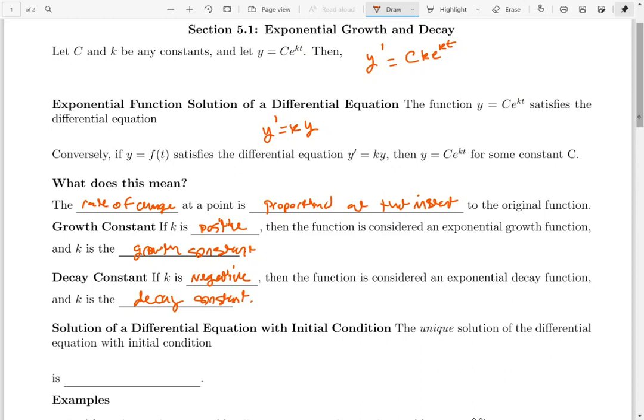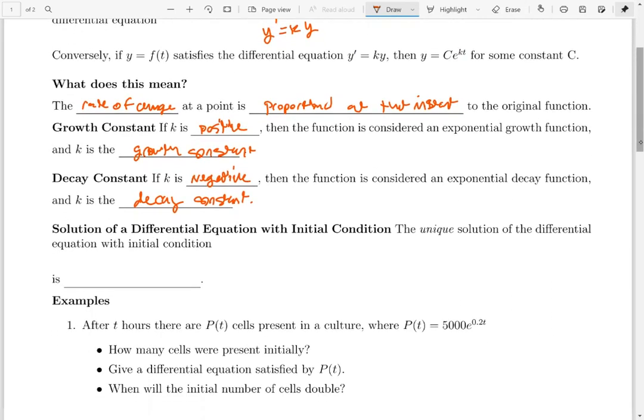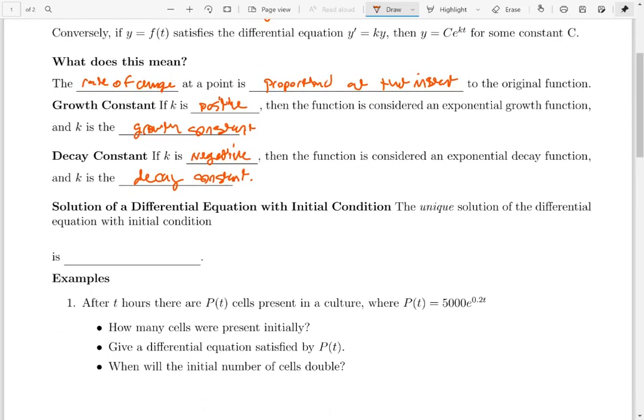Now, in general, we have an issue, and the issue is that we need a little bit more information to make sure that we can actually find specific solutions to differential equations. That's something that we'll see occurring later on. But right now, what I need to state is that the unique solution of the differential equation with an initial condition, what that's really saying is that if you take that initial function y, plug in 0, you get a value.